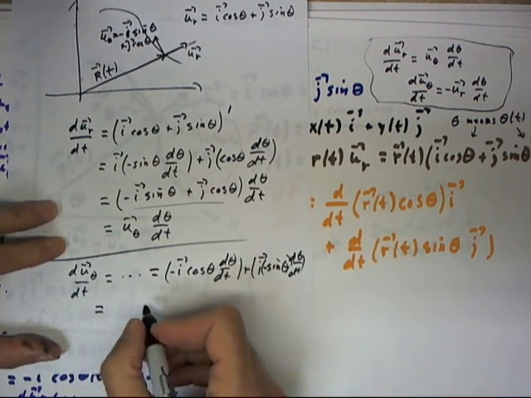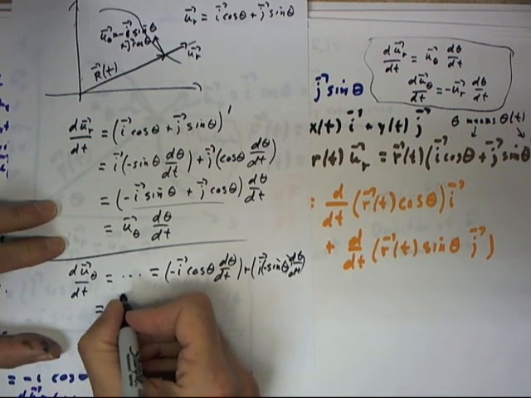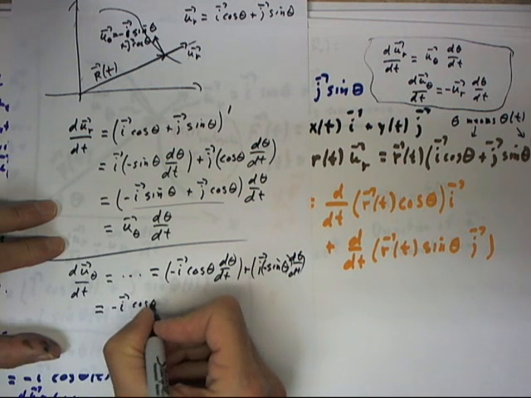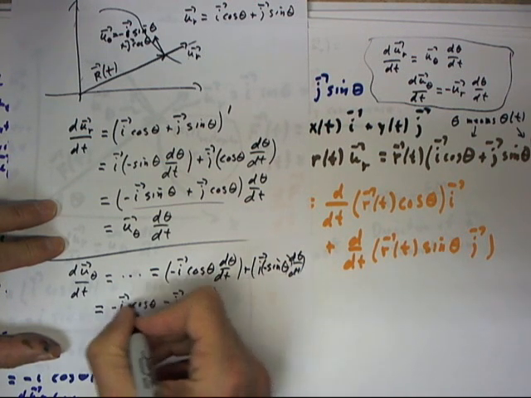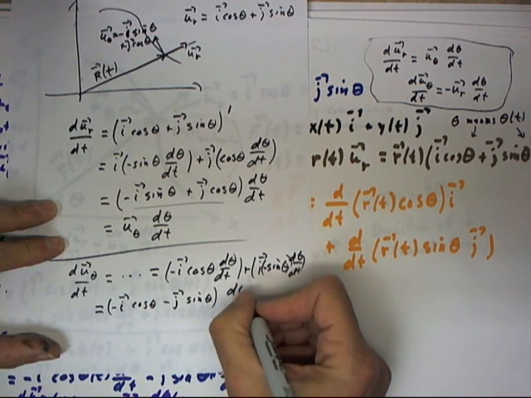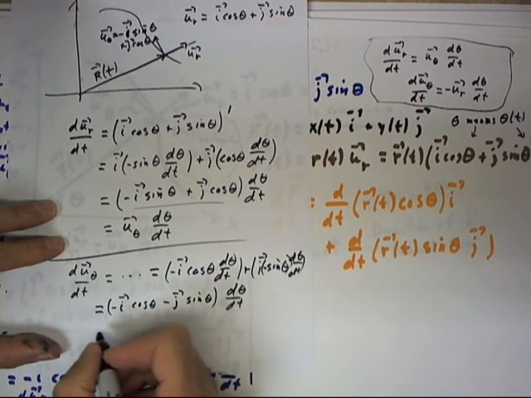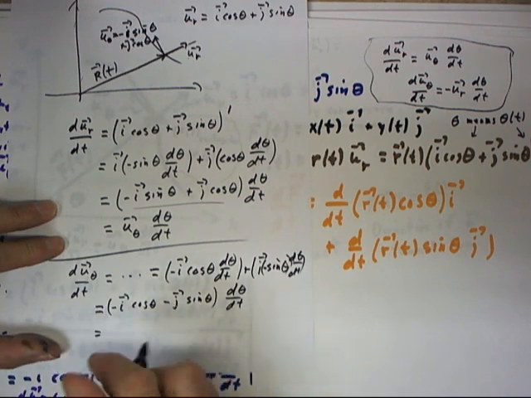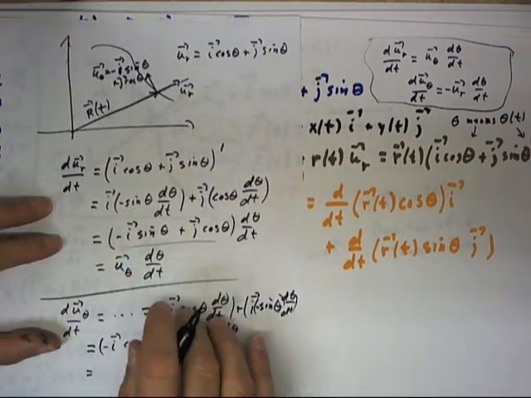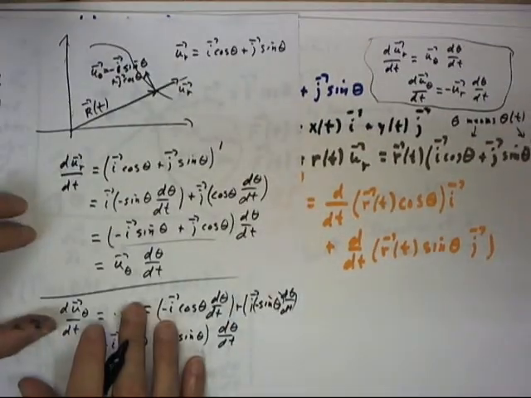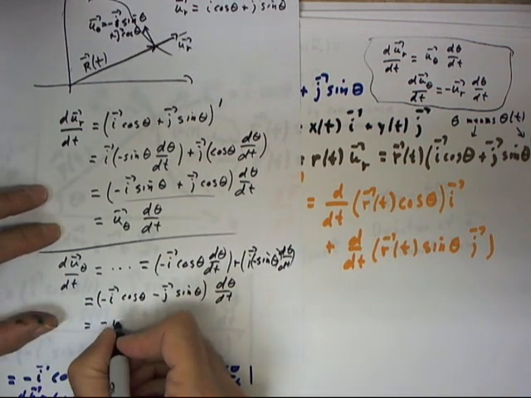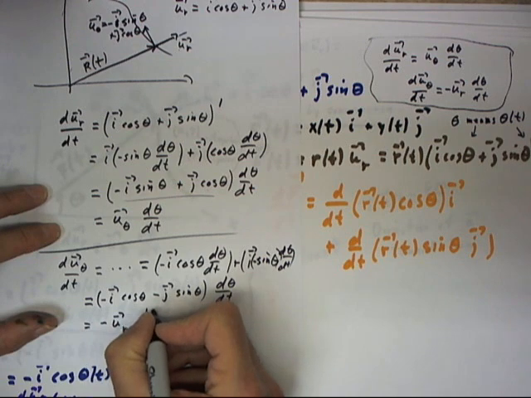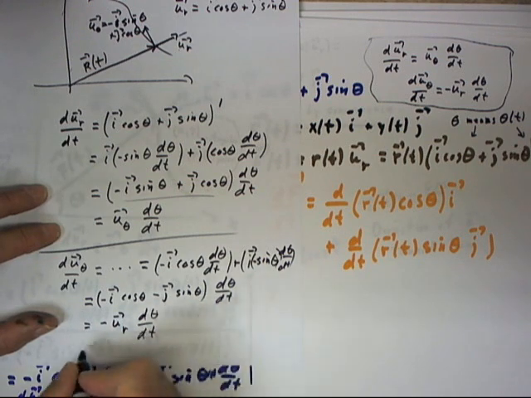And if I factor out the d theta dt, I end up with minus i cosine theta minus j sine theta times d theta dt, which is just, if you look at the u sub r vector, i cosine theta plus j sine theta, this is the negative of it, that's negative u sub r d theta dt.